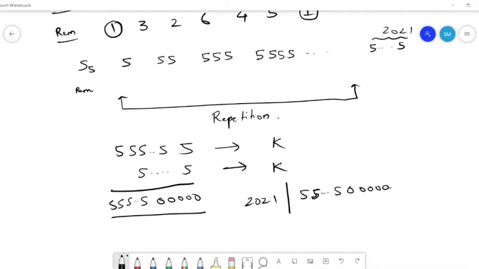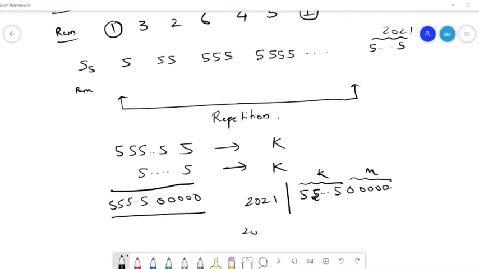Now from this, what can you say? The initial question is, does there exist a multiple of 2021 in the sequence S5? But this number, 5555 followed by zeros, does not belong to S5. Let us take k 5s and m zeros.